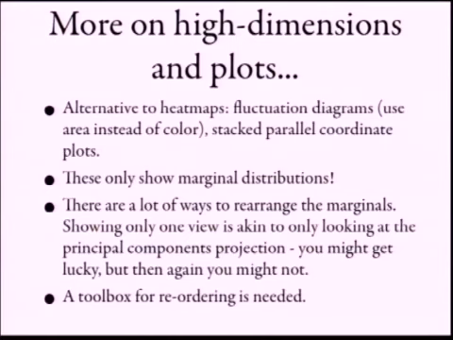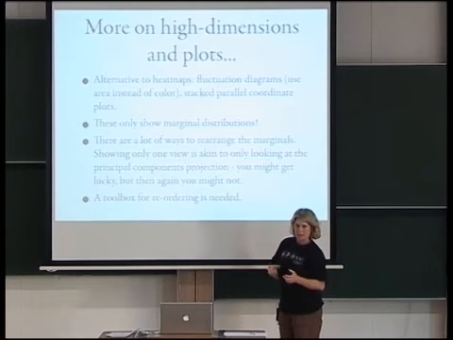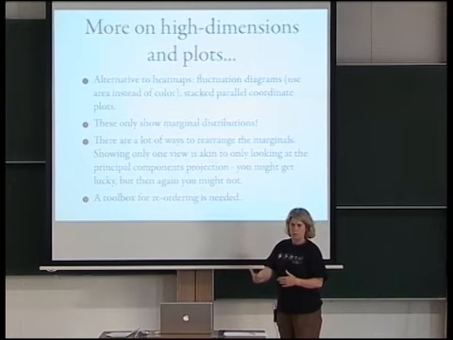The problem is that we're only looking at marginal distributions with the heat map displays. The key is that you need to have a lot of ways to rearrange the heat map in order to extract structure. Looking at one heat map is the same as if you're doing multivariate analysis and only looking at a principal components plot, looking at one view only.